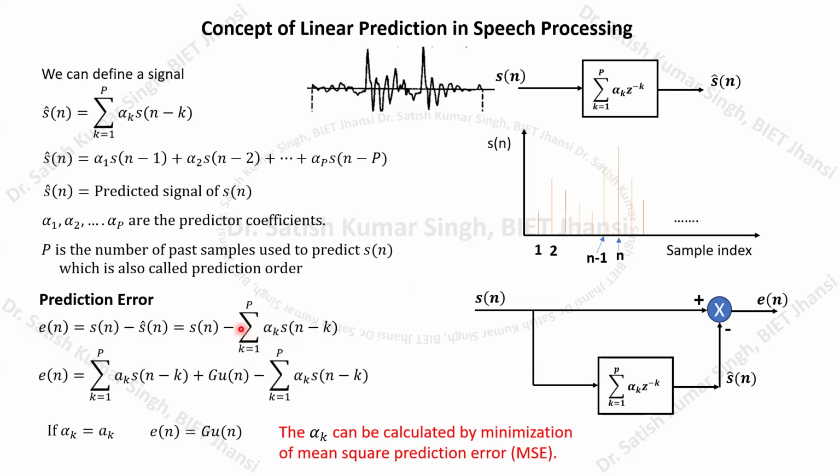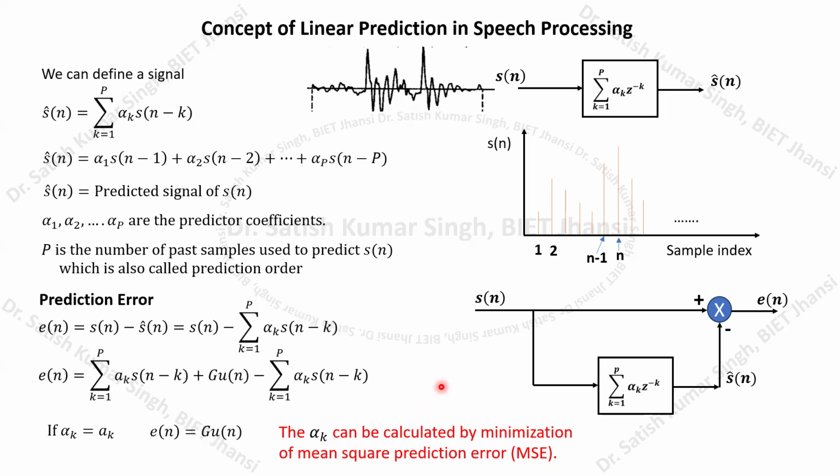To get these values of alpha k, we have to go for the minimization of the mean square prediction error. In this lecture, we are going to see how this minimization will be done, how to calculate this mean square prediction error.